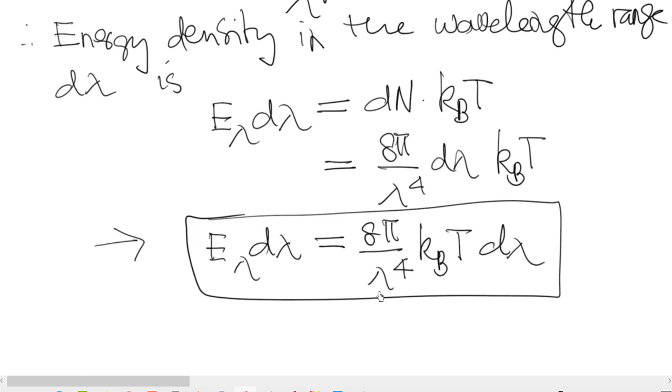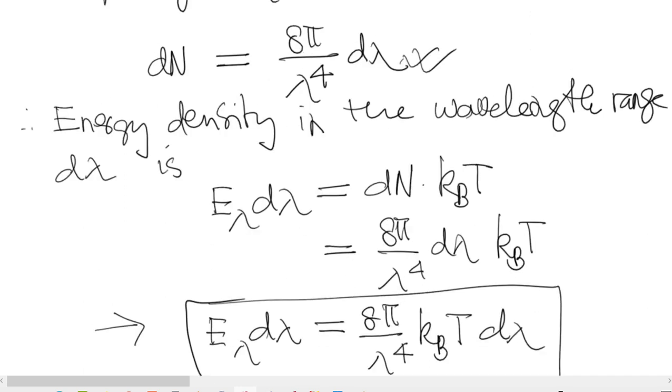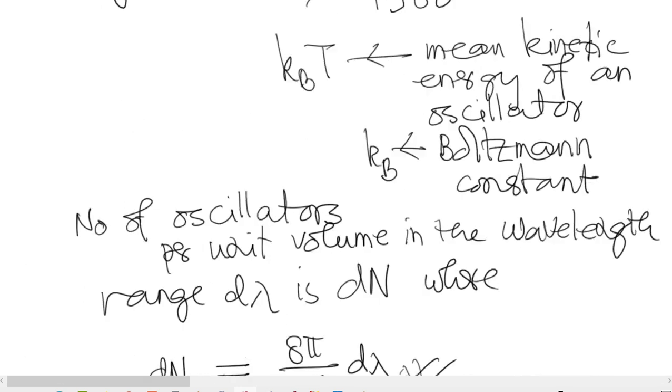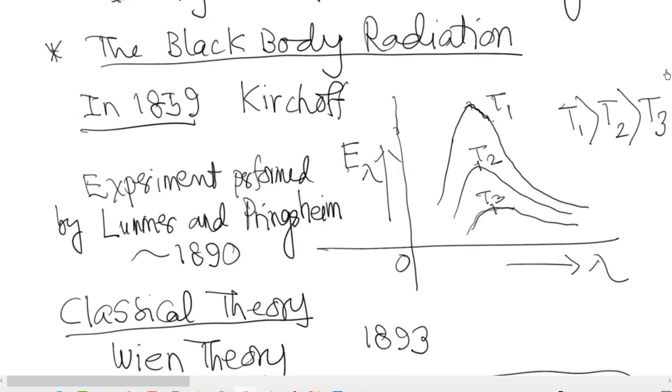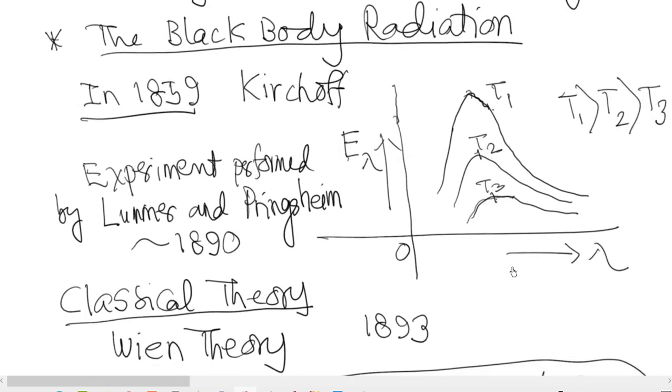This equation is known as the Rayleigh-Jeans law. This is not in agreement with the experimental facts as given in the experimental figure we have shown before. This theory actually cannot explain the experimental findings of Lummer and Pringsheim.